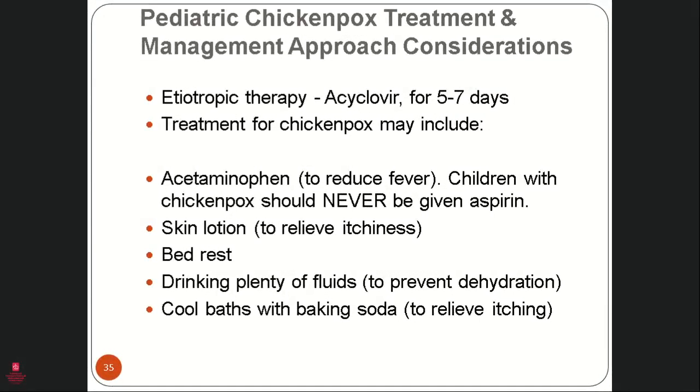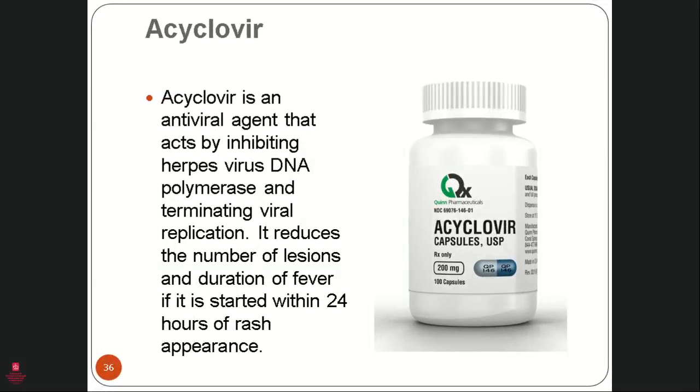Treatment approaches include supportive measures, antiviral therapy, administration of varicella zoster immune globulin, and management of secondary bacterial infections. Acyclovir is an antiviral agent that acts by inhibiting herpes virus DNA polymerase and terminating viral replication.